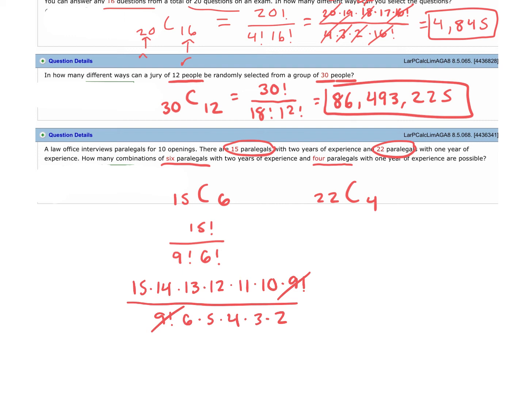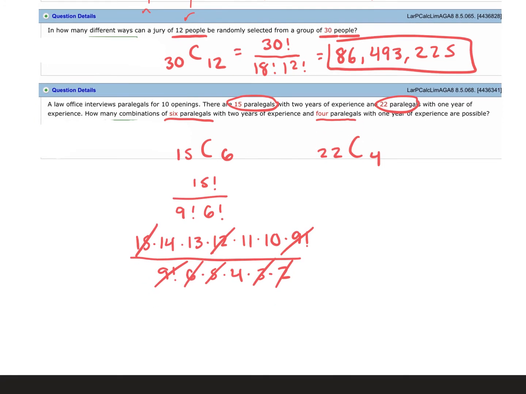We can cancel out 15 with 5 times 3. And 6 times 2 is 12. So on the top, we have 14 times 13 times 11 times 10 divided by 4, which gives us 5,005.